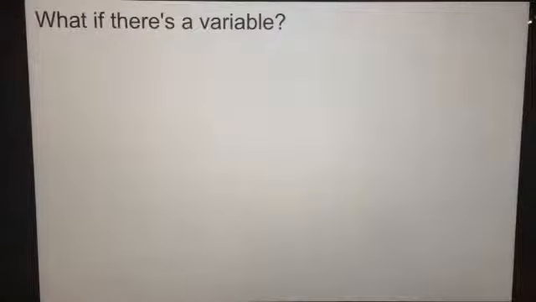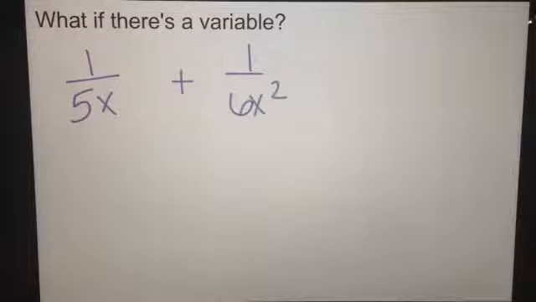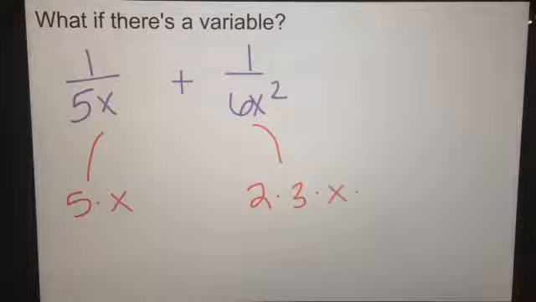All right, next, your notes say, what if there's a variable? So for example, if we're looking at 1 over 5x plus 1 over 6x squared, we're going to do the same thing. We're going to factor it out. So 5x is 5 times x. 6x squared is 2 times 3 times x times x.